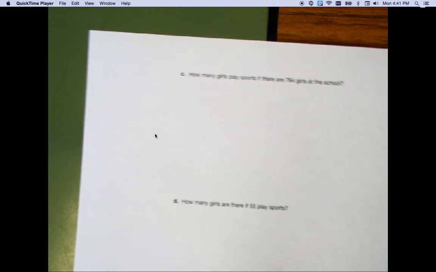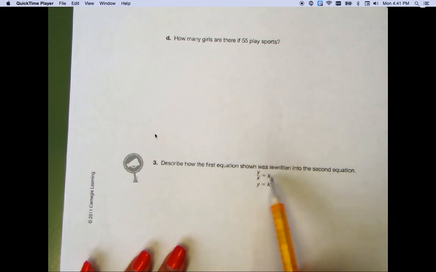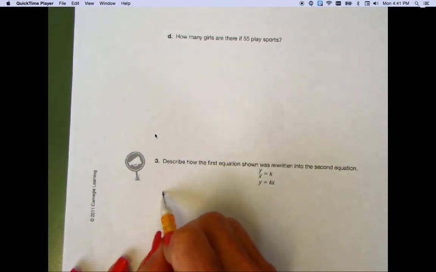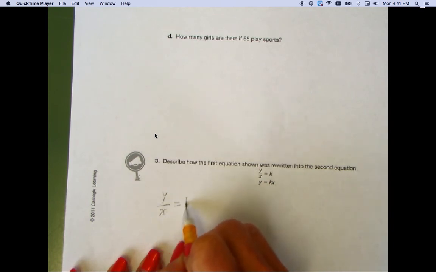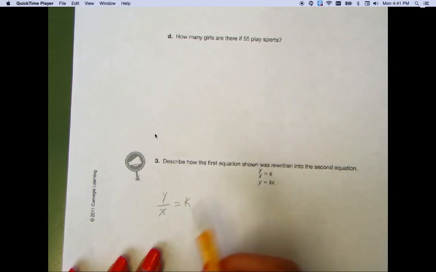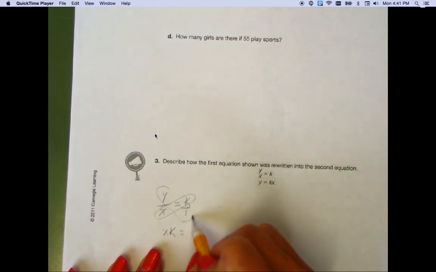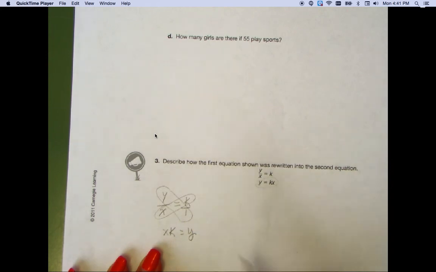Okay, we could keep going and do this again. I'm going to go down to 3. They said describe how this first equation is written into the second. So they gave me y over x equals k, and they turned it into where y is alone. So I can do this with means and extremes. X times k equals 1 times y. So right there, I get it.